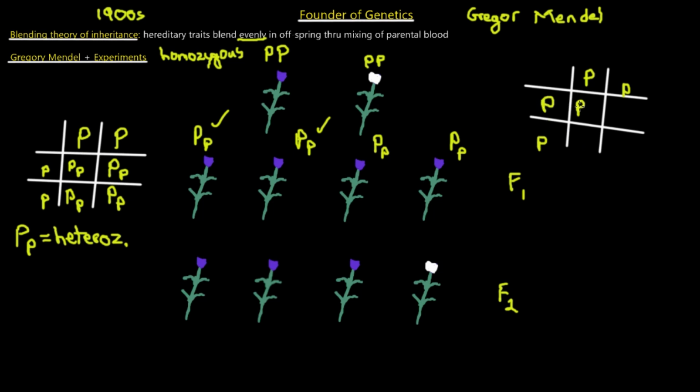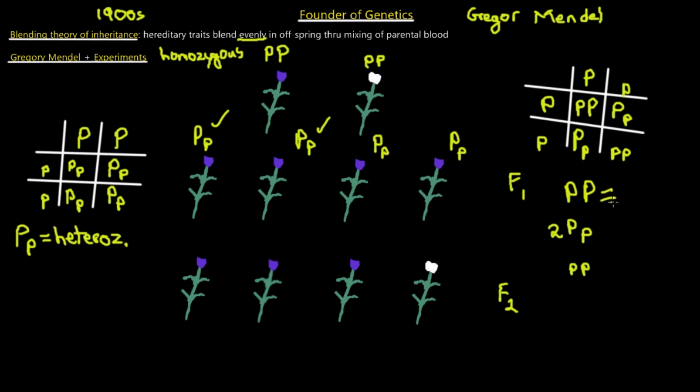What we end up with is two big P's, big P, little p, big P, little p, and two little p's. So in the end, we have big P, little p, two times, right? This one and this one. And we have two little p's.